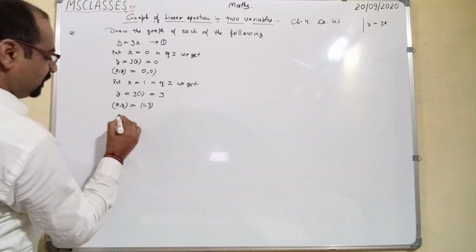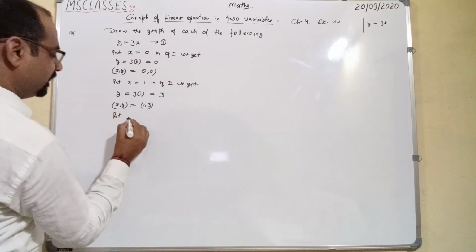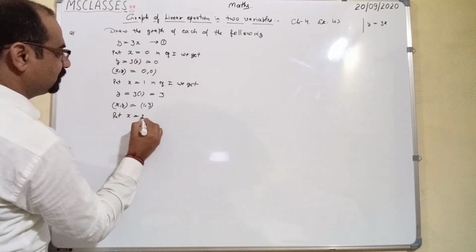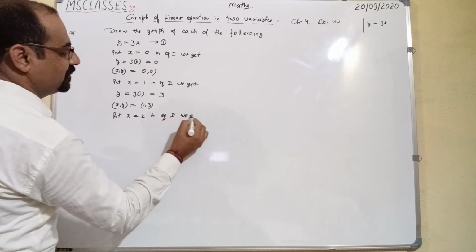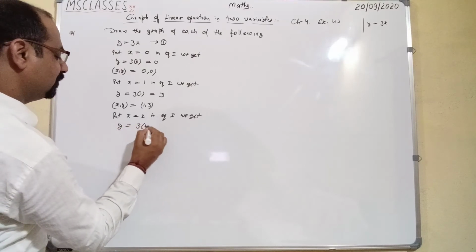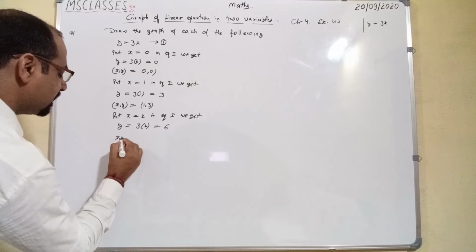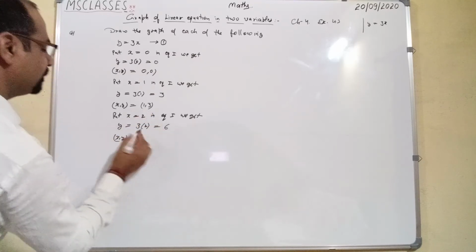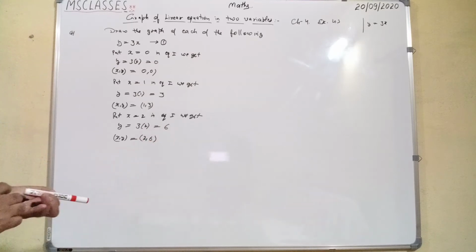Right. Now you need 3 coordinates. For your third coordinate, you put x is equal to 2 in equation first. We get y is equal to 3 into 2, which is equal to 6. So your coordinate is x is equal to 2 and y is equal to 6.